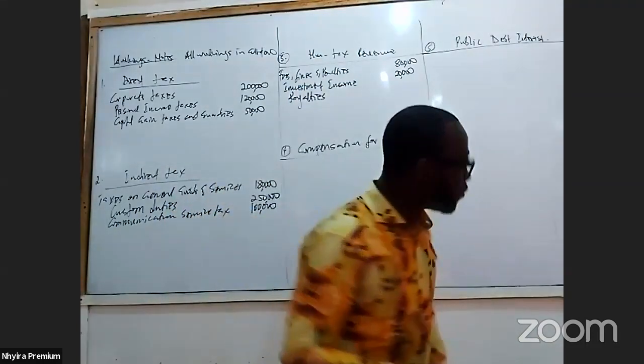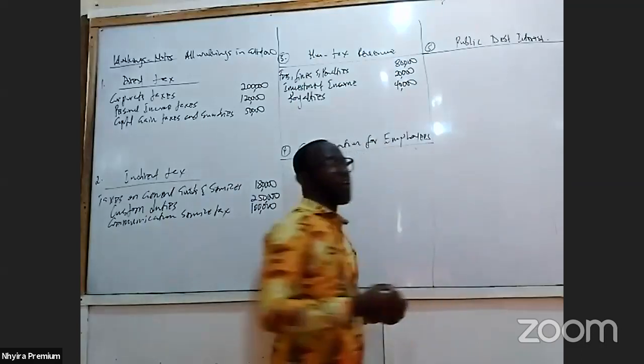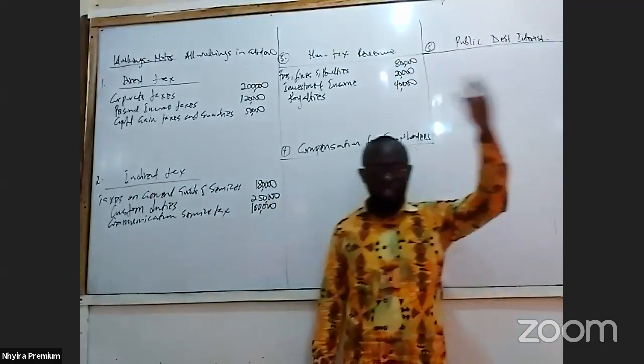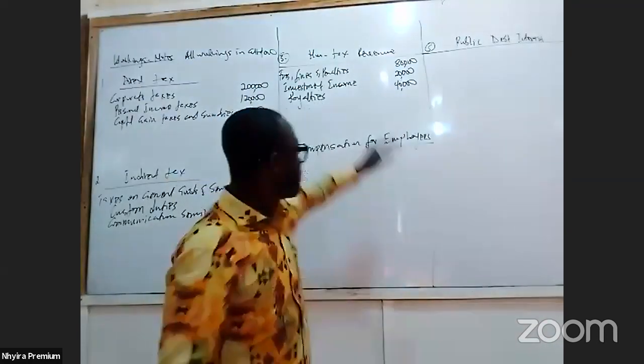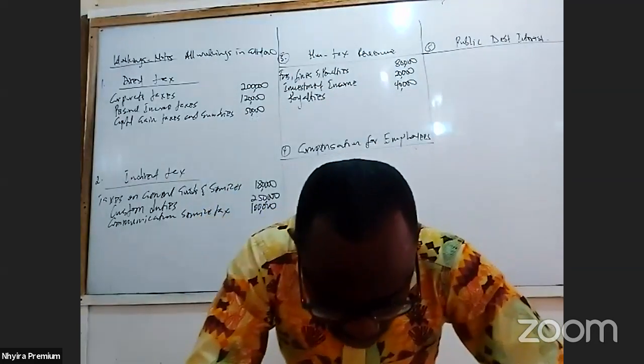Royalties, and that is 40,000. These are royalties received from minerals, natural resources, petroleum, oil and gas, those things, all right? Royalties, so non-tax revenue.